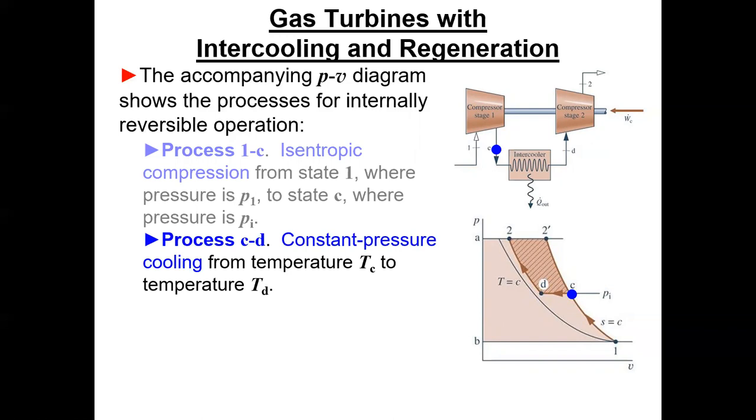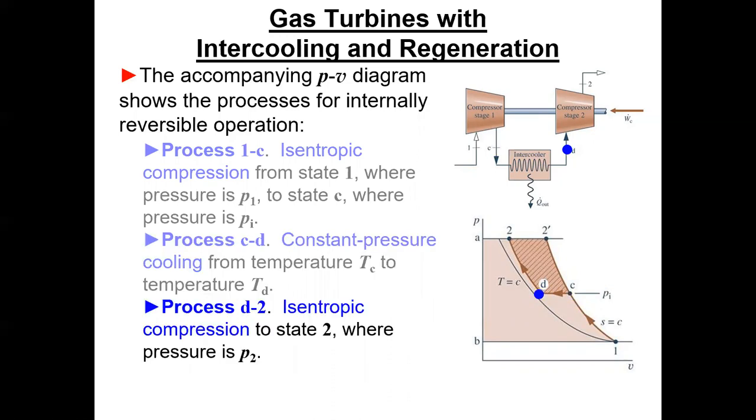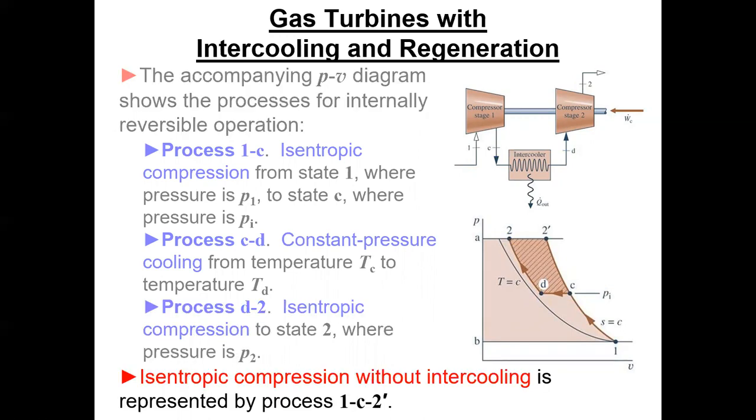It could be cooling tower water, whatever. But we're going to cool that flow and get to D. And then we're going to compress again from this intermediate pressure at temperature D, and we'll come out there. So that's what it looks like with the intercooling.